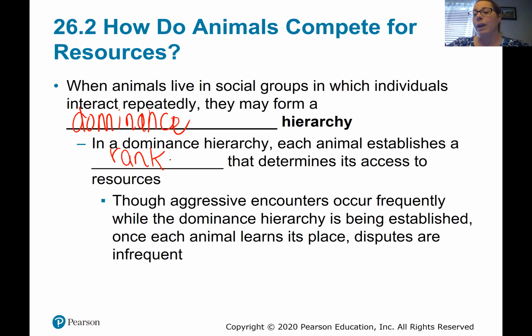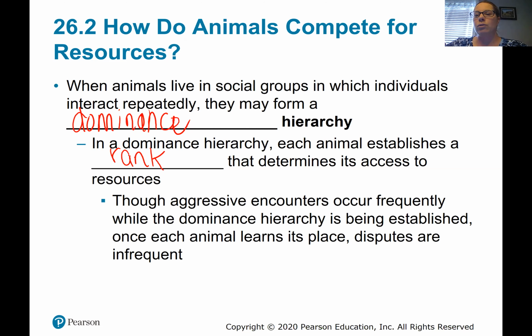When I introduce a new animal, in a few weeks I'm going to bring a new horse home, well, she's my horse, she's at a different place, there's going to be a couple of days, at least a few hours, where they're going to have to figure out their hierarchy again and where she fits in. Once the hierarchy is figured out, the one on the bottom of the totem pole knows it has to wait until the others are done eating or got their fill so that they can then move in. I do a good job, or I think I do, of spacing out their food so they don't have to wait in line.